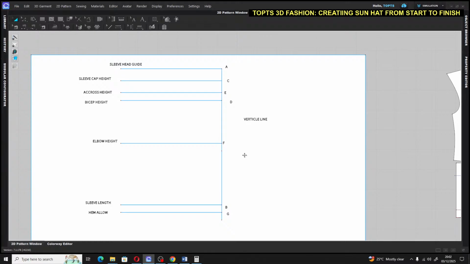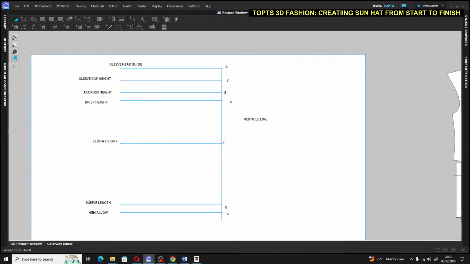The next thing is, let us first revise this in case you missed the names, and you have to understand them. So we have the sleeve head guide, which is the line A. Line C is our sleeve cap height. Line E is across height. Then line D is the bicep height. Then line F is the elbow height line.